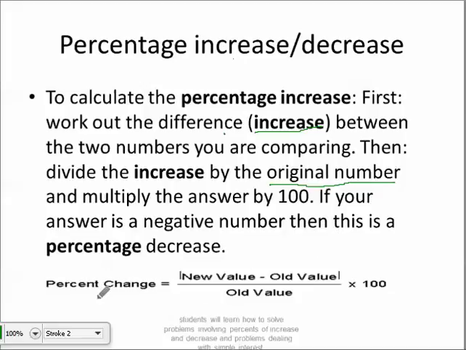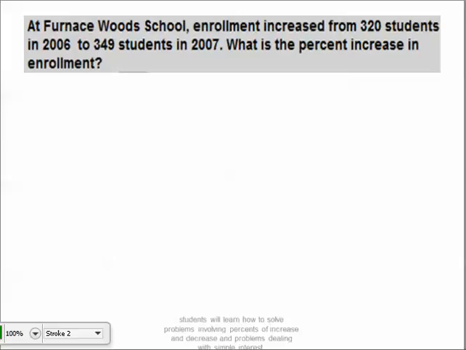So your percent change is the new value minus the old value, the absolute value of it, divided by the old value, times 100. These are the same numbers right here. Don't be confused.